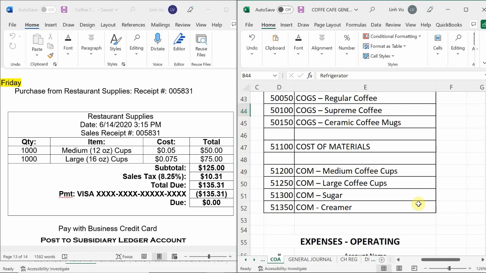So what are the costs that made that coffee cup? This is where we will be calculating cost of materials, calculating how many cups we've used and how much it cost to contribute to the actual coffee cup itself, right?